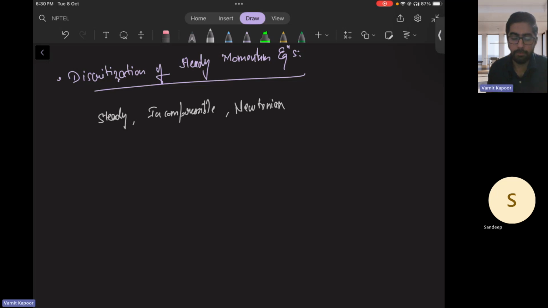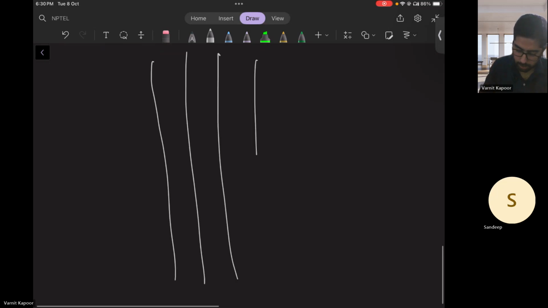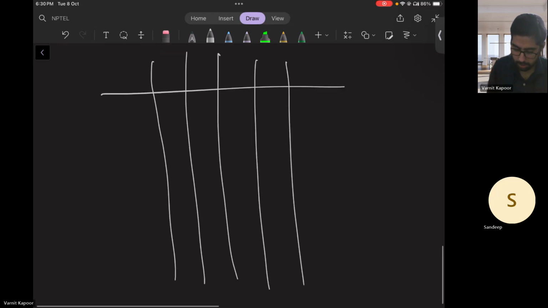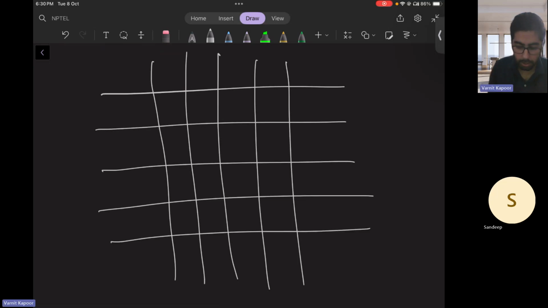We can start with a uniform or a structured mesh, which is basically a Cartesian mesh. So let me draw that. Okay. So suppose my cell of consideration is this. This is your P. This is your east face.